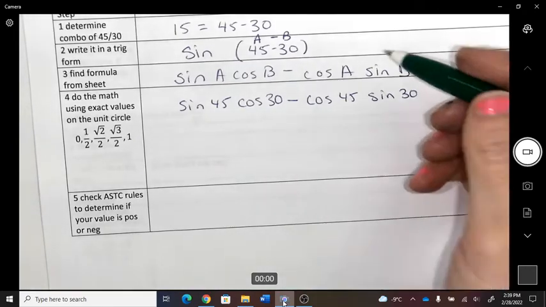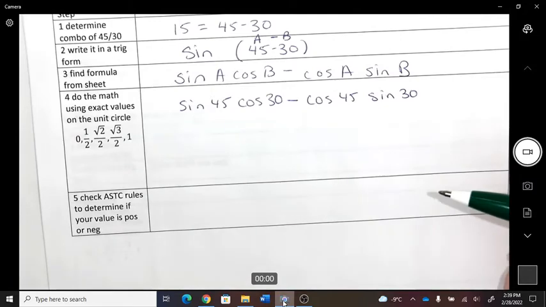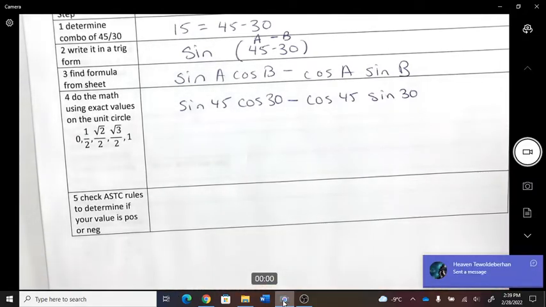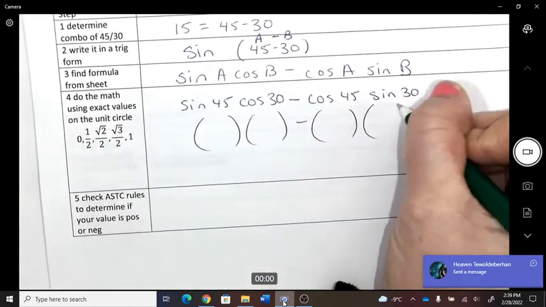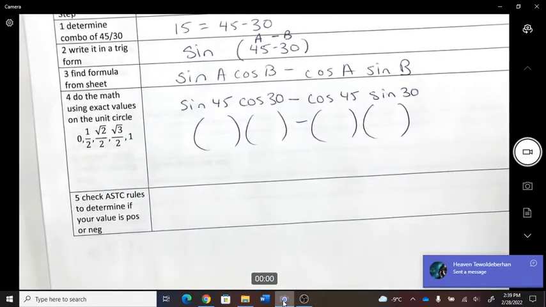All right, so this is the part that's new for us, having this formula we've never worked with. I need to fill in, I'm going to have 4 values there.